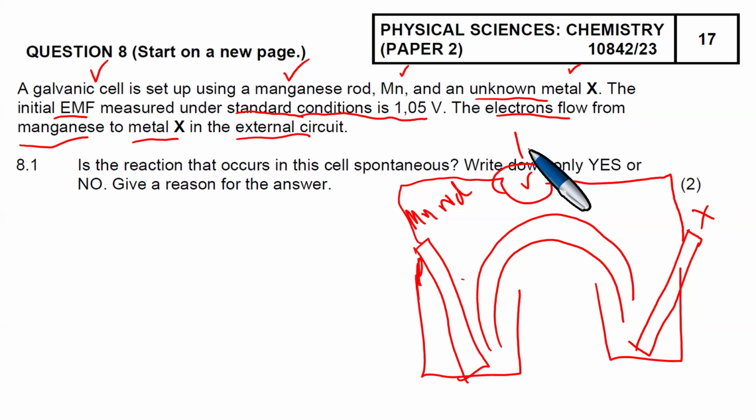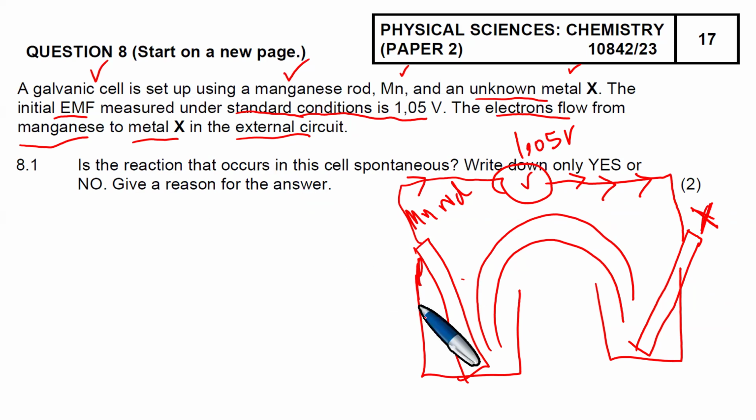And it is 1.05 volts. If this is manganese, the electrons begin flowing from manganese to the metal X. This is the metal X.